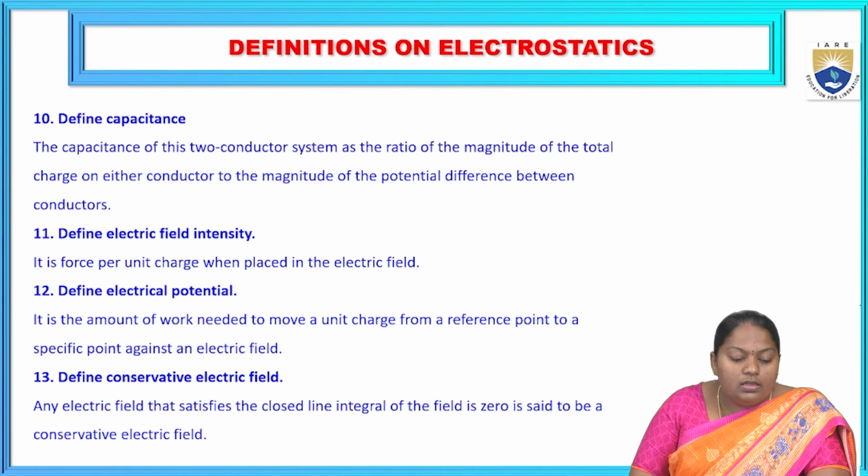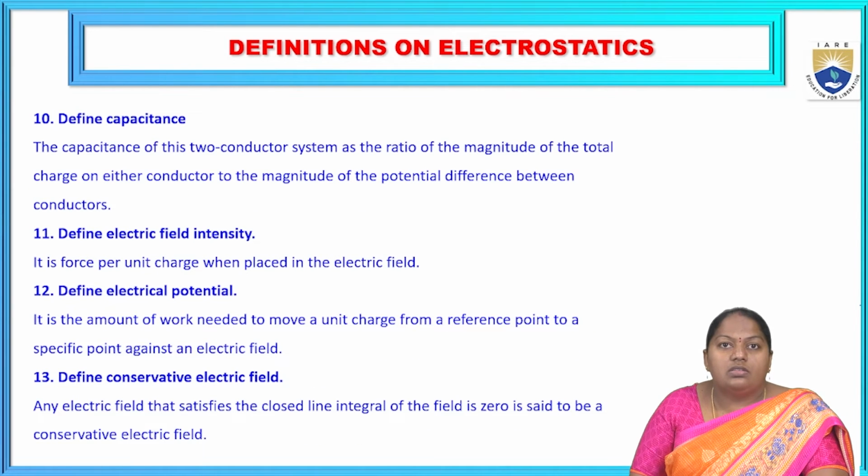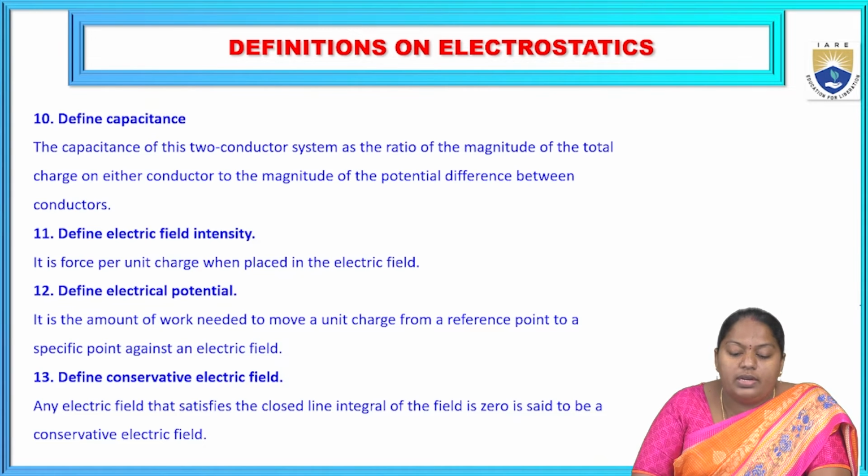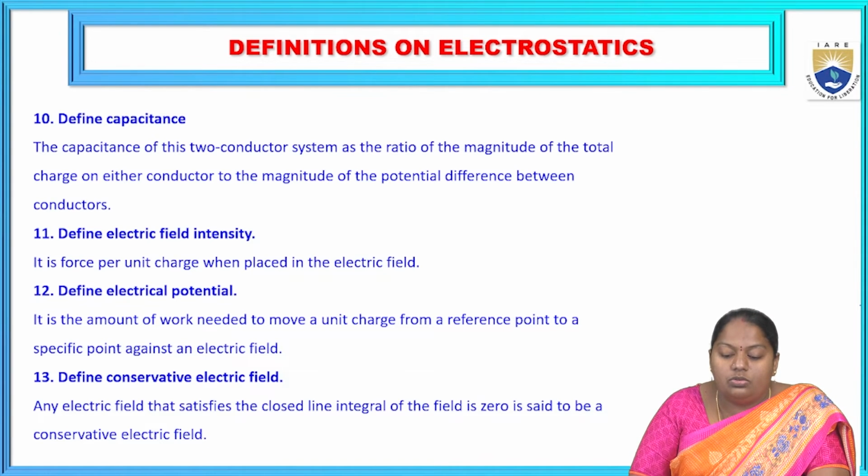Next, define capacitance. What do you mean by capacitance? The capacitance of a two conductor system is the ratio of the magnitude of the total charge on either conductor to the magnitude of the potential difference between the two conductors.